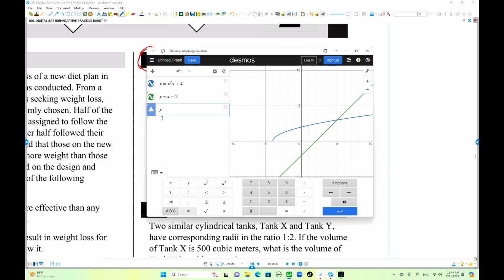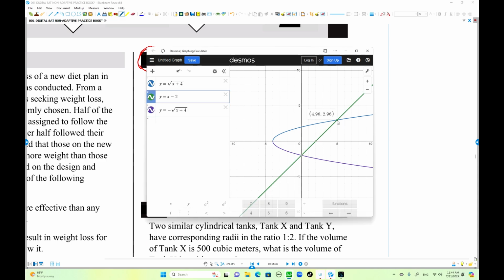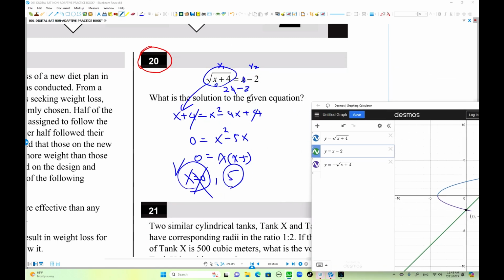Minus square root, minus square root of x plus 4, it happens over here, right? That's with two solutions. One is 5, the other one is 0, okay? But this 0 is not a real solution, right? Extraneous solution. This is a fake solution. All right. That's why 5 is the answer. Also, you can use algebra or graphing. It doesn't matter, okay? All right.